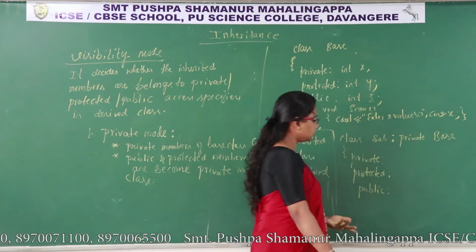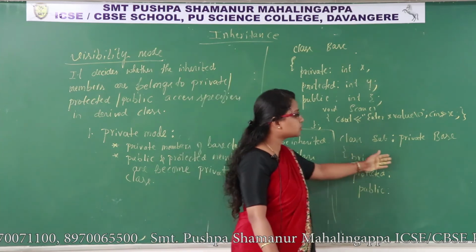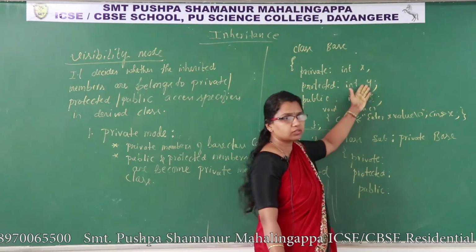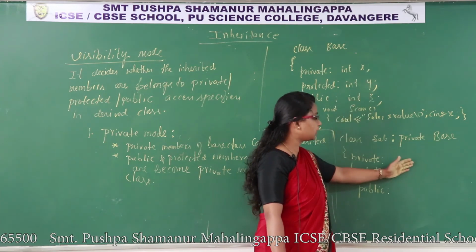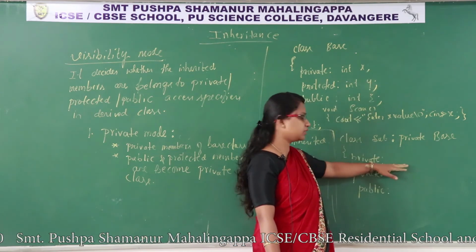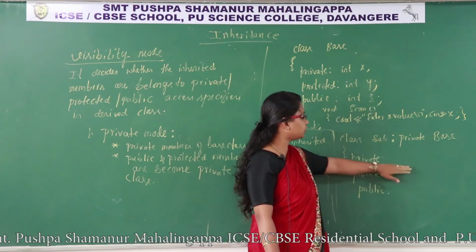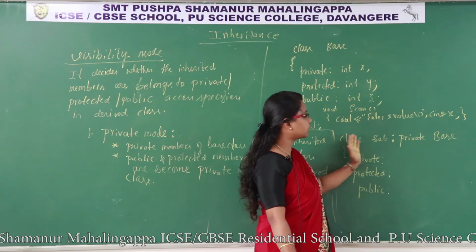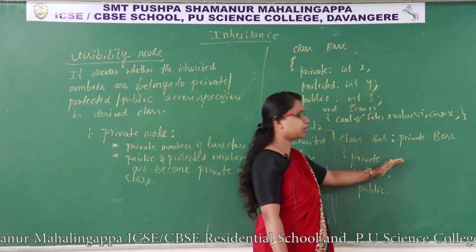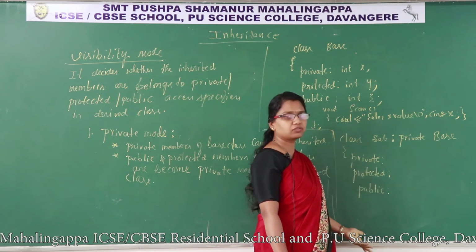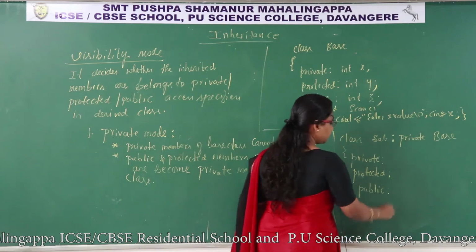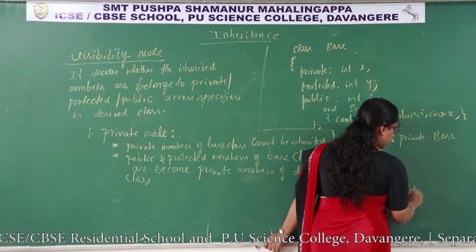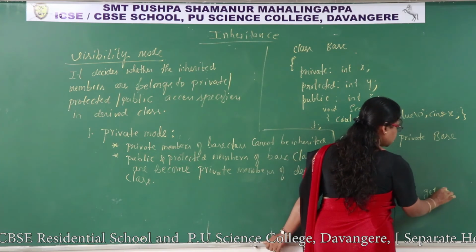I'll take a function. How to access private data? Anyhow, these two members are inherited to derived class, that too in a private section. So now you have to consider only derived class. How to access private members? Through the member function of this class. I have to take a member function, void get data.